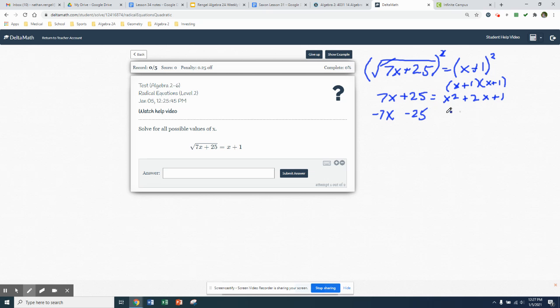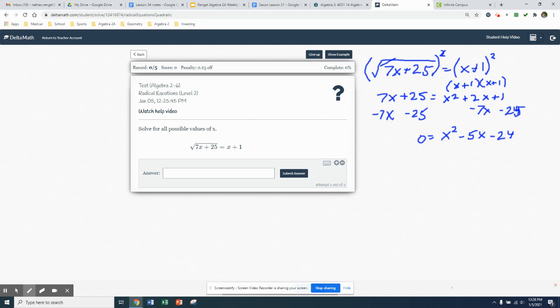So I'm going to bump these 2 things over. So I'll get 0 on this side equal to, I subtract 7x, and then I subtract 25, excuse me. And I'm going to get 0 equals x squared minus 5x, and then minus 24.